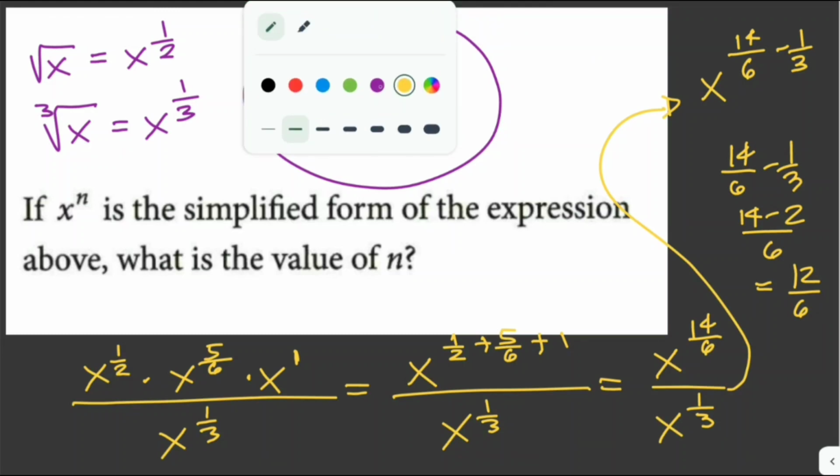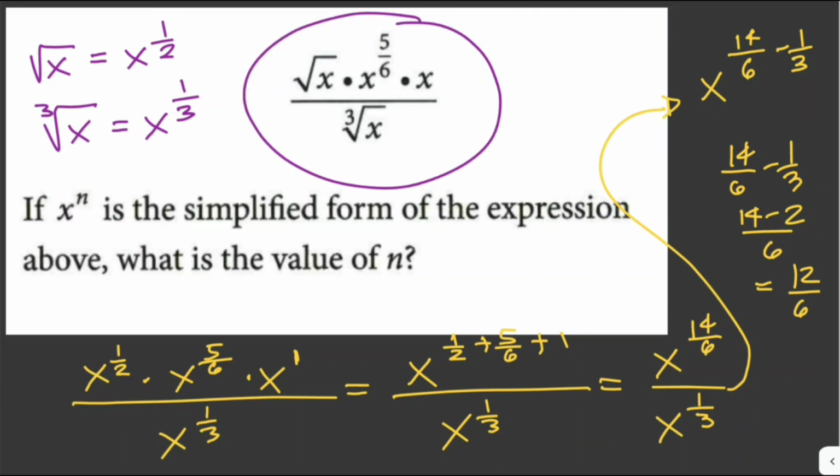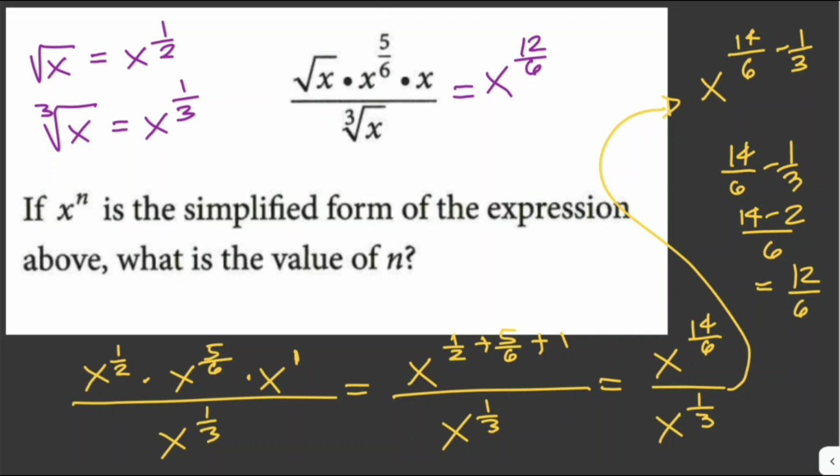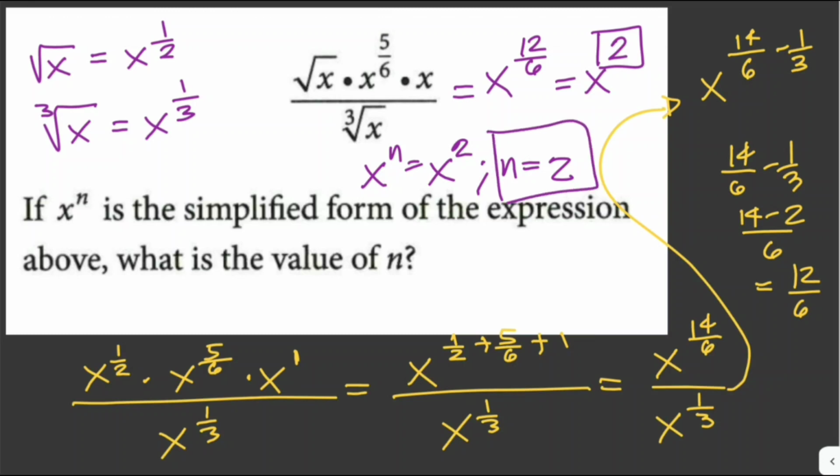Therefore, this expression here is just equal to x to the 12 over 6, and 12 over 6 is just equal to 2. So this is equal to x squared. Therefore, from x to the n, the value of n is equal to 2. And that is our answer.